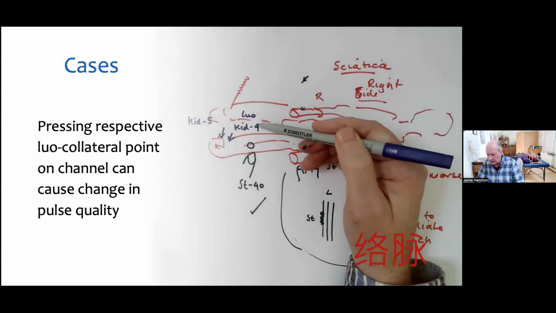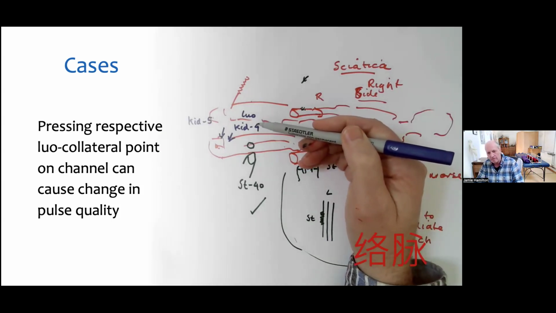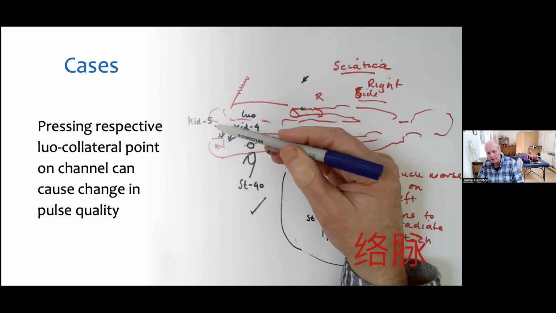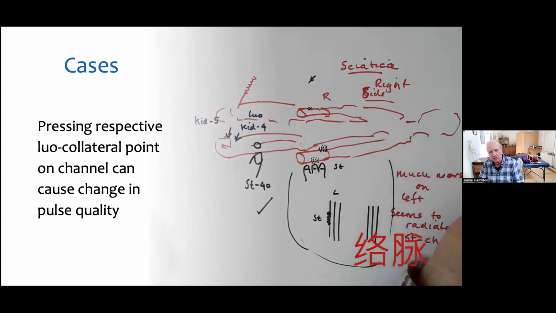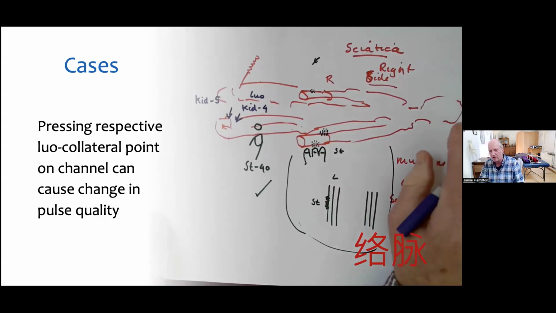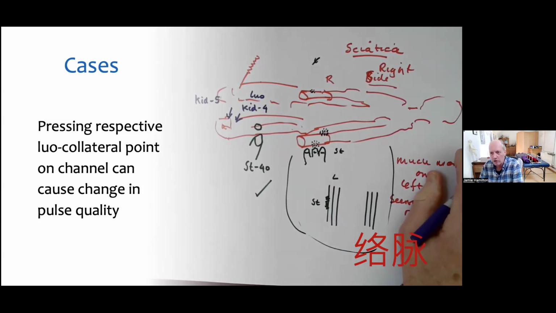And generally speaking, it's the lower collateral point, but occasionally it's the sinew point. So it's all fine. If the sinew point makes it go away more, then it might be a sinew channel. So that's why I was saying it's not carved in stone, this approach at all. It is something to explore.